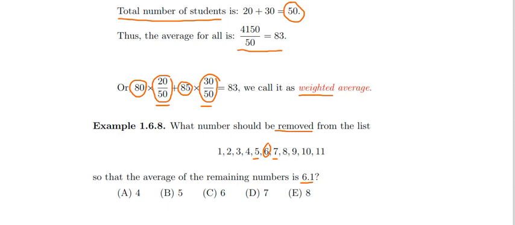If we remove 7, the average goes down, right? If we remove a small number, the average will increase. If we remove a big number, the average will go down. So we know we should remove the number 5, right?